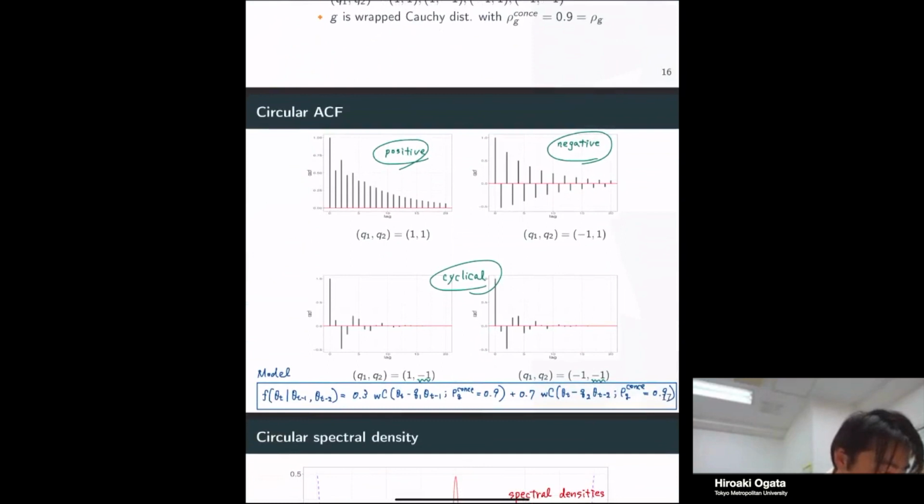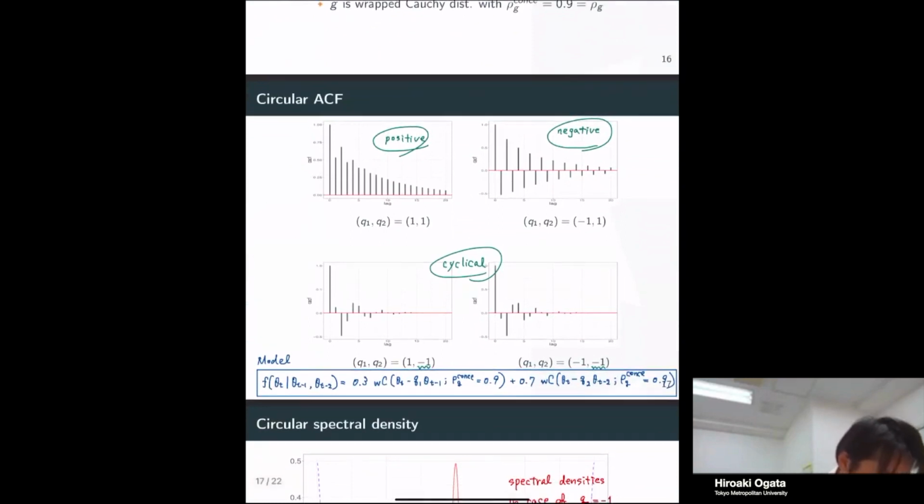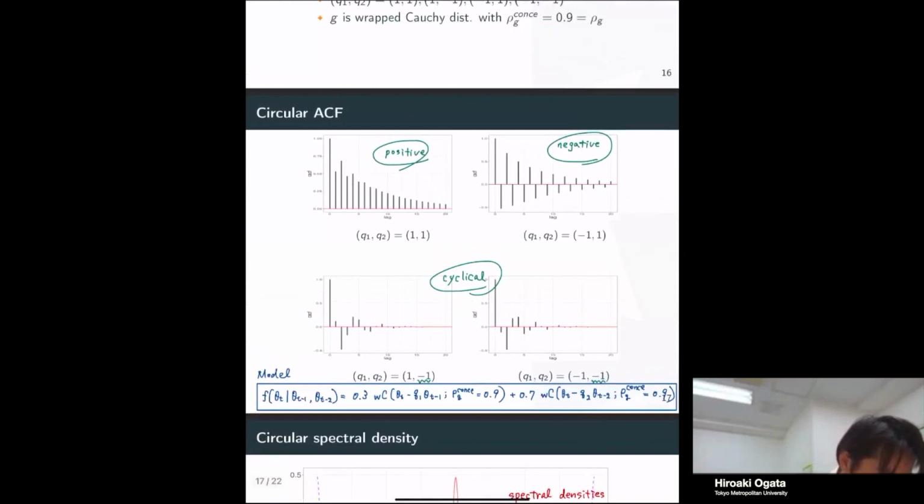This is the circular autocorrelation function. When Q1, Q2 is 1, 1, it has a positive structure, and with minus 1, 1, it has a negative structure, and when Q2 is minus 1, then we have cyclic properties.